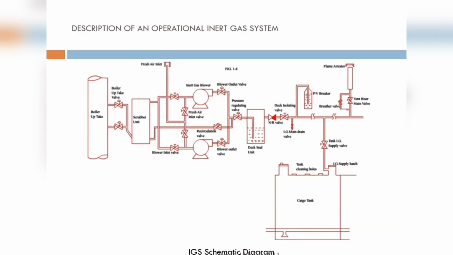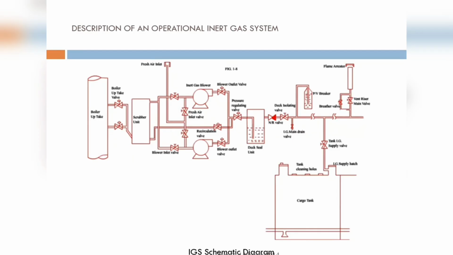If the pressure reaches 500 mm, this valve will close, the valve to the funnel will open, and all the gas will start going out from the funnel. Or as per this diagram, it will start recirculating till the pressure comes down in the cargo tank, and then it will slowly start opening and maintain the pressure in the cargo tank at not more than 500 mm water gauge, as set by the operator.